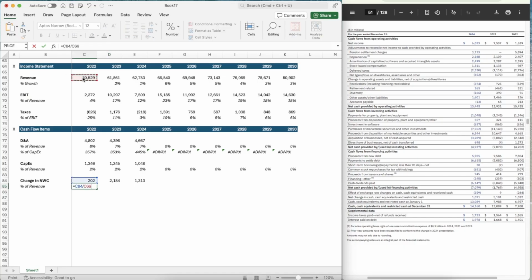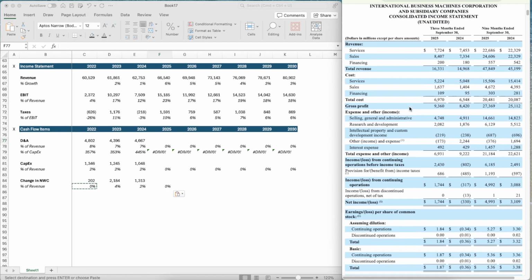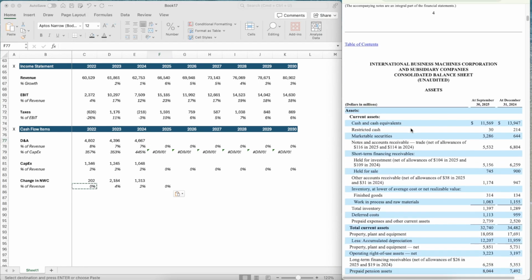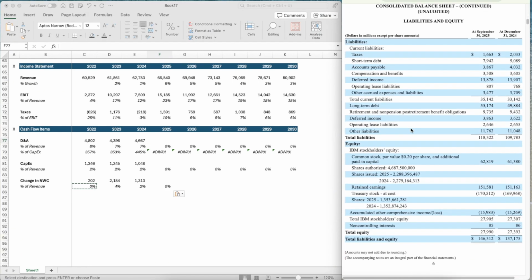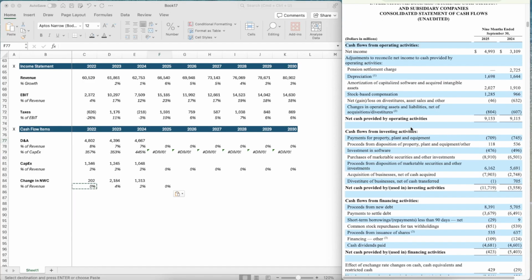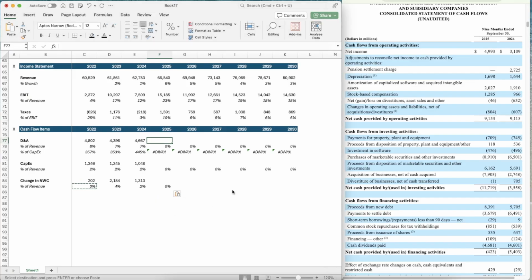Let's see what this is as a percentage of revenue. Okay, 2025. Up to the cash flow statement, below the balance sheet. There it is. These two. Okay.